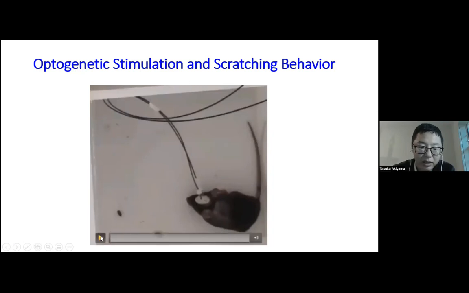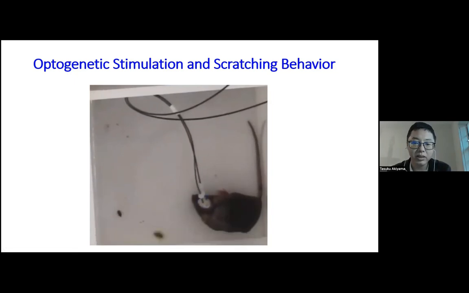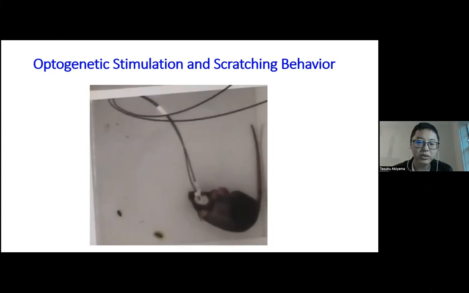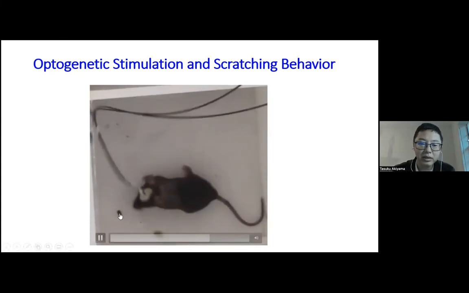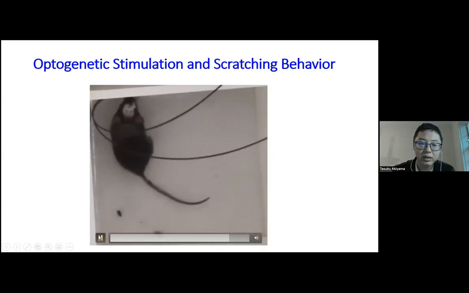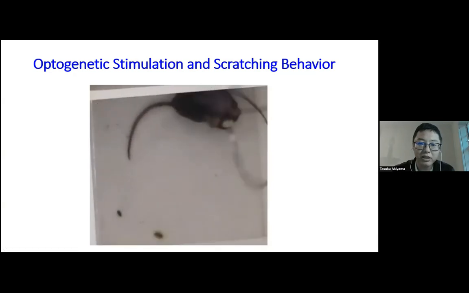I start the movie. Now you see the blue light is blinking, and the mouse shows scratching. At the end, the mouse also shows another scratching. We count the number of scratching bouts, like the behavior I showed.